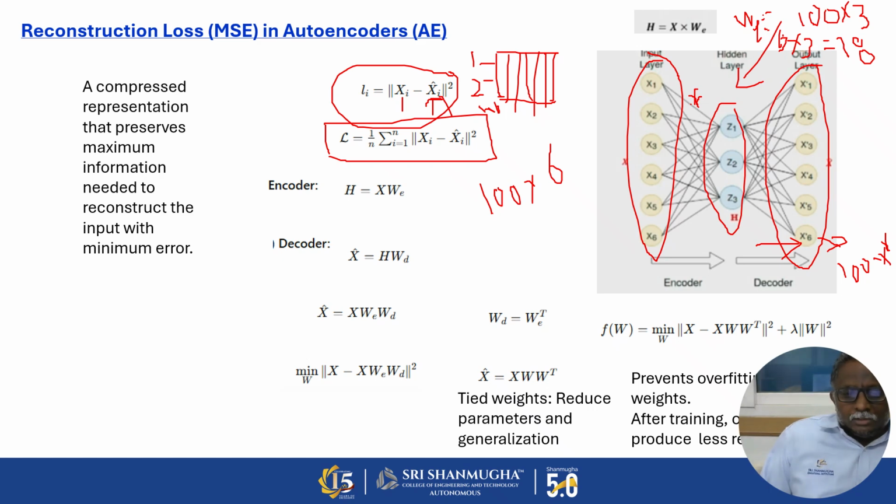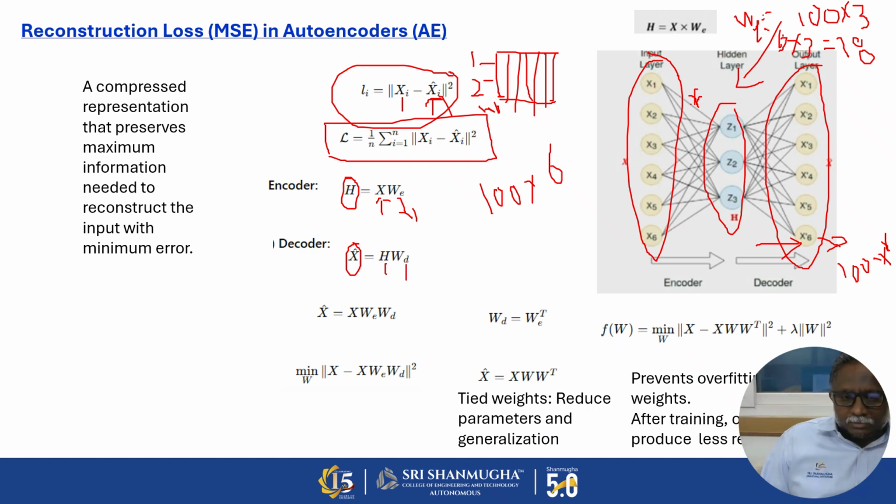In the encoder part, this is the latent representation, this is our input features, and this is our weight matrix, the encoder weights. When we go for the reconstructed one, x hat, it is the multiplication of this hidden representation and the decoder weight matrix.